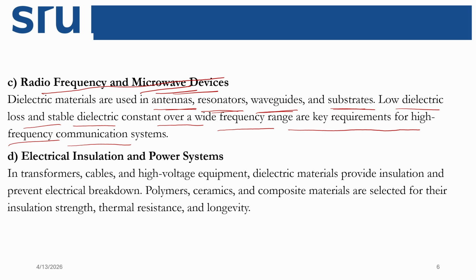Right. Now we'll discuss electrical insulators in power systems, in transformers, cables, and high voltage equipment. For high voltage equipment, dielectric materials provide insulation and prevent electrical breakdown. When there is high voltage equipment, current can pass, so we need very strong insulating properties that will block the passage of charges.